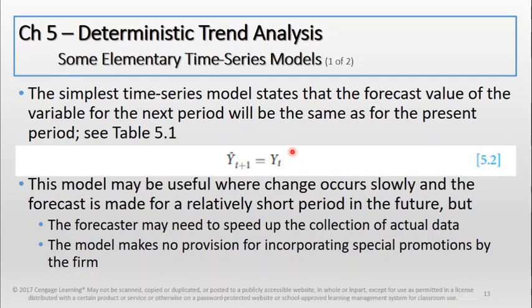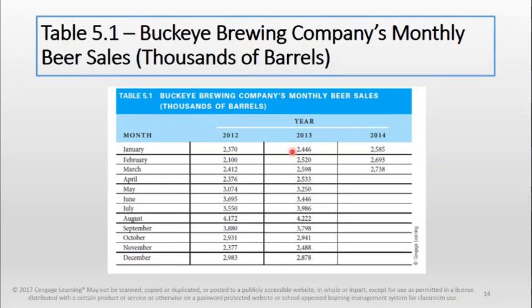So let's have this example. If you can see in your table 5.1, to forecast monthly sales, the model uses actual beer sales for March of 2007 of 2,738 barrels. These are thousands of barrels, whereas to forecast the value for April.